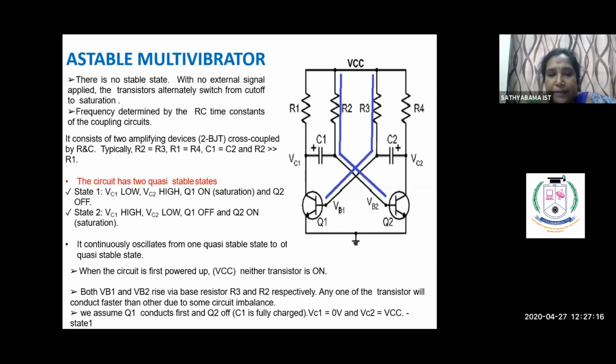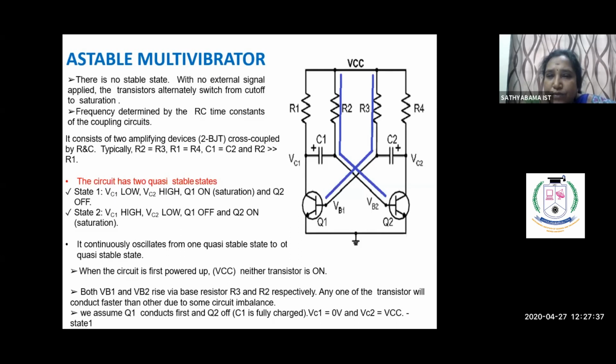And we start the operation of this astable multivibrator when we power the circuit. Powering means, with the help of VCC, we give the power. Once it is switched on, what will happen?